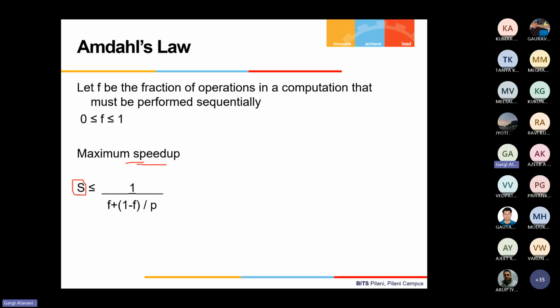Second, it ignores the overhead, in terms of cost associated with parallelization, which may include communication and synchronization. The third point, it does not account for any scalability. So it does not consider that a parallel system can scale and use larger problem sizes, and larger problem sizes can directly affect the sequential portion that you have.